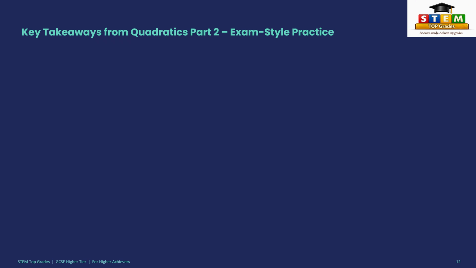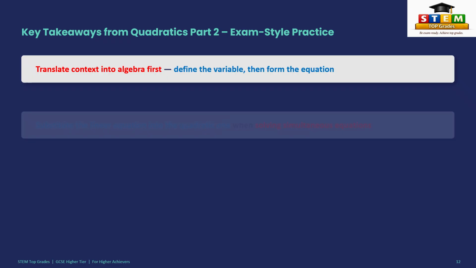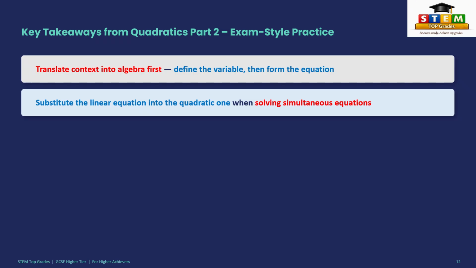Now let's see the key takeaways from Quadratics Part 2 exam style practice. The first one is to translate context into algebra first. Here you have to define the variable, then form the equation. The next thing was to substitute the linear equation into quadratic equations, particularly when solving simultaneous equations.